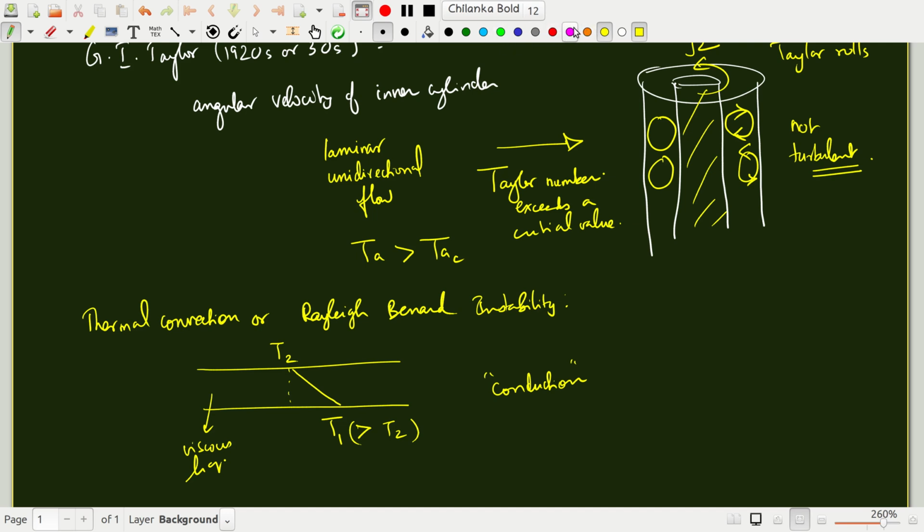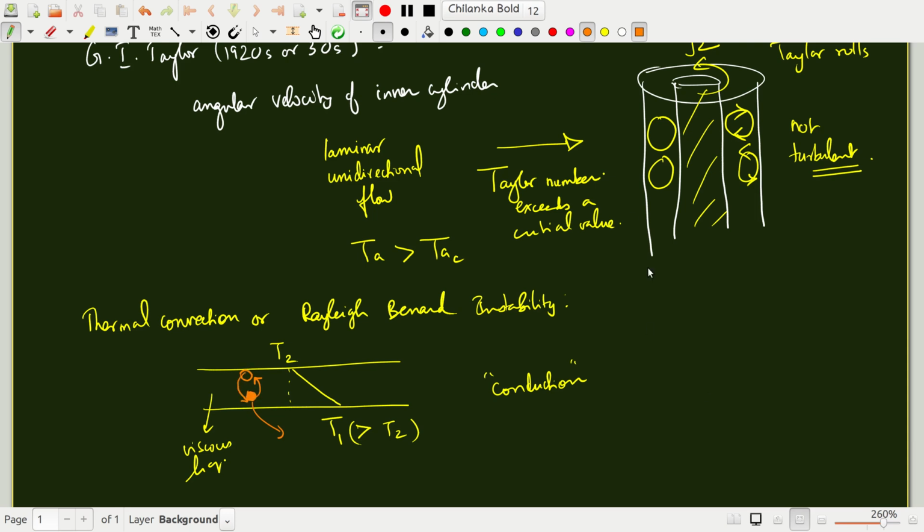If I take a small parcel of fluid close to the bottom, the temperature here is more compared to what is near the top, so that means the density of this small parcel of fluid is lighter compared to the fluid here, so this will tend to move up due to buoyancy, and it will occupy this place here, and whatever was there will come down.